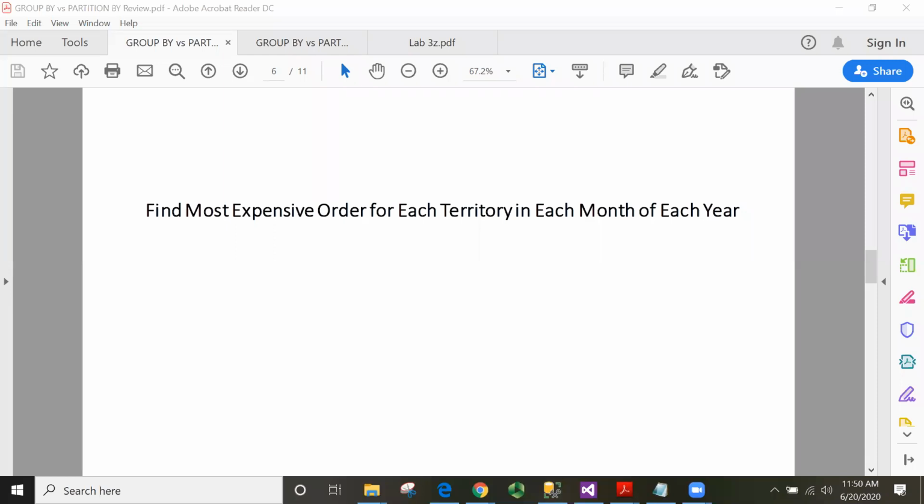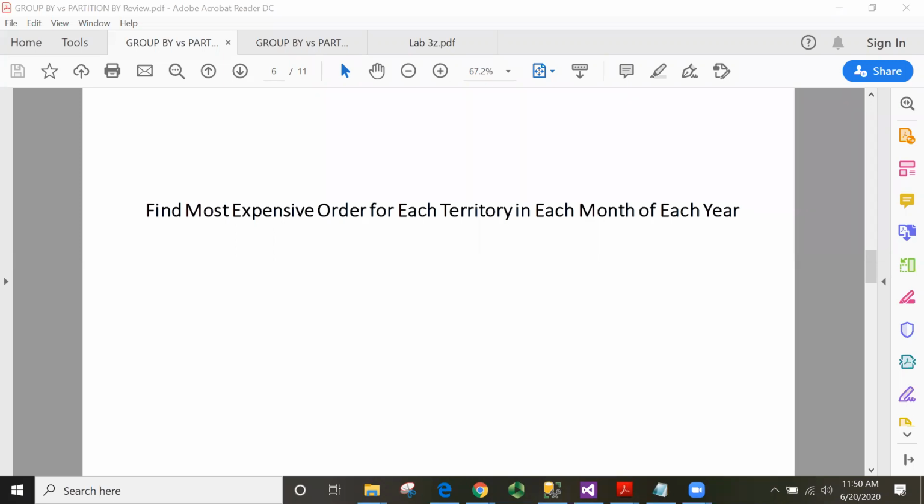Do we need to organize our data into groups? How do we organize our data into groups? How do we do it? Okay, so if we want to organize data into groups, we have 2 options, right?